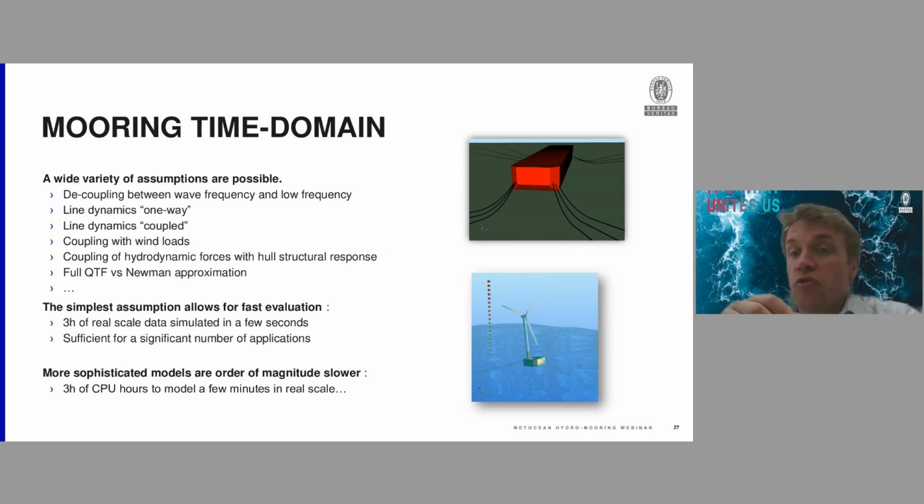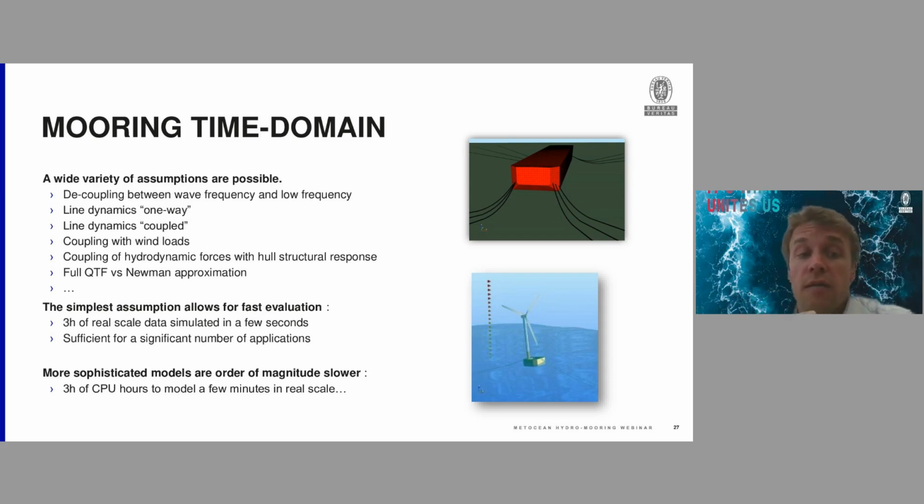You can choose to use line dynamics or only a quasi-static model for the moving lines. So there is a large variety of options which will impact quite dramatically the simulation time. With the simplest assumption, you can have a simulation of 3 hours in a few seconds. And it is sufficient for quite a number of applications.